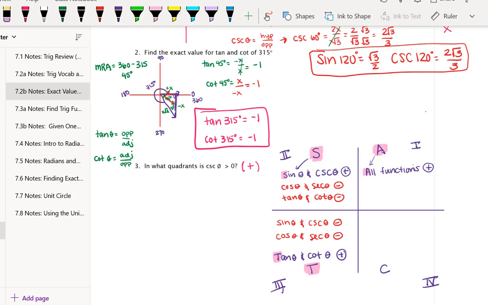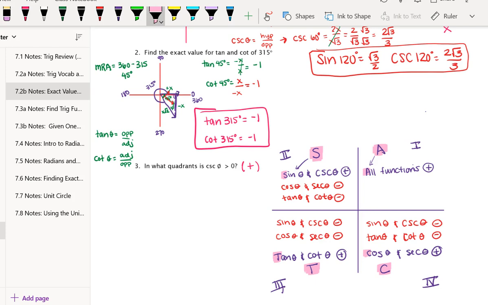And then in quadrant 4, the C is for cosine. So cosine theta and its inverse, secant theta, are positive in quadrant 4. But that means that sine theta and its inverse, cosecant theta, and tangent theta and its inverse, cotangent theta, are negative.